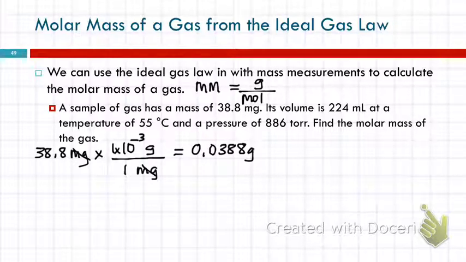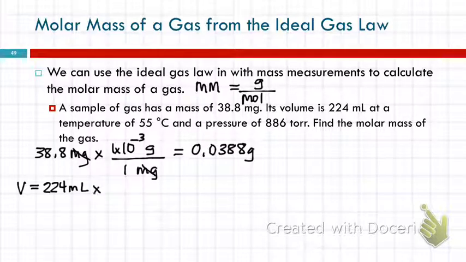So I've got a volume, I've got a temperature, and I've got a pressure. Are any of them in the correct units? Nope. They are all messed up. So let's work on that. So the volume is 224 milliliters. What unit does that have to have?